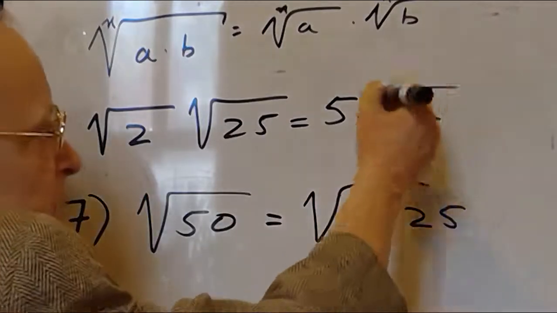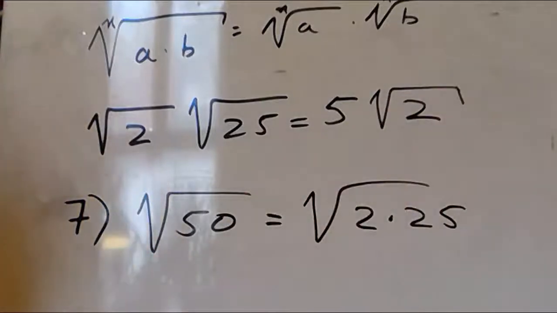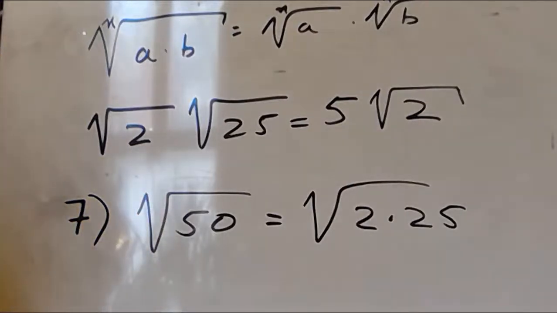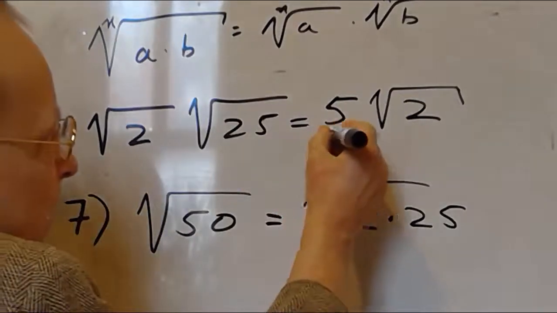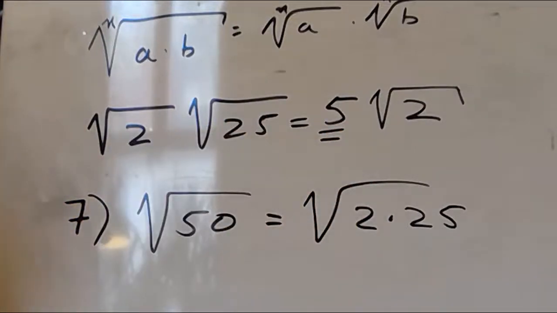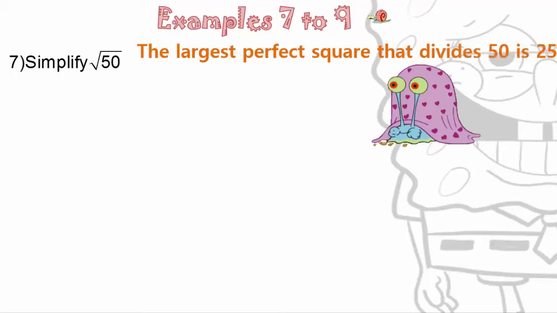The reason I do this is that if you make this too long or you don't cut it off, you don't know whether or not the 5 is inside or outside the radical sign. This way it's very clear that we've already taken the square root, giving 5, and that the 2 remains in the radical sign.